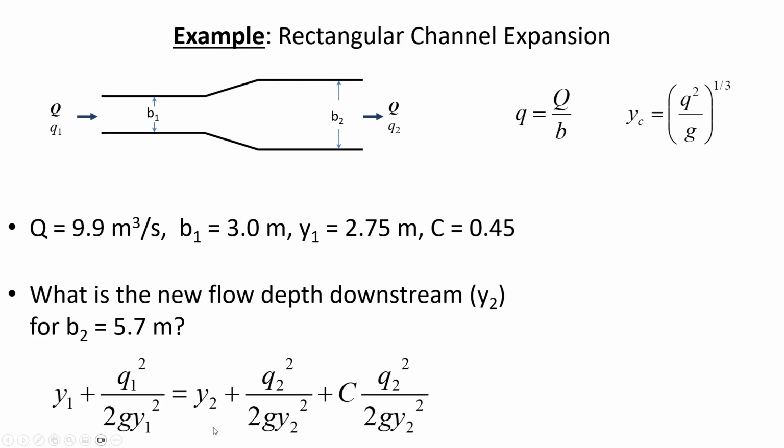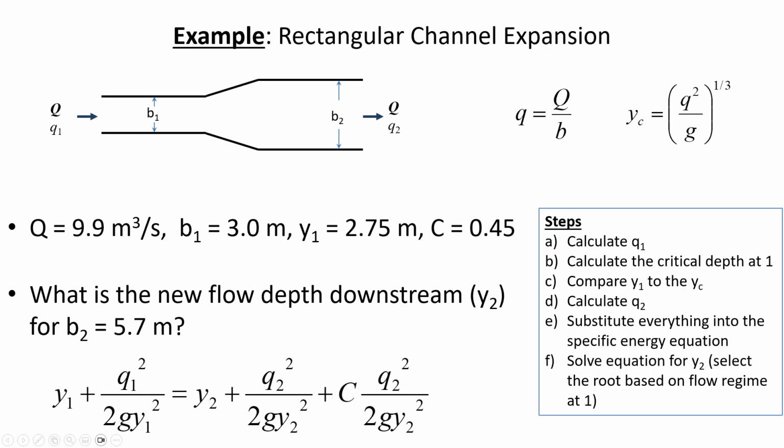Okay, so here's the specific energy equation, where on the right-hand side we've got this energy loss term. And I've summarized the steps that I suggest you follow here. First of all, calculate the flow per unit width at 1. From that, because this is a rectangular channel, we can use this simplified approach to find the critical depth at 1.